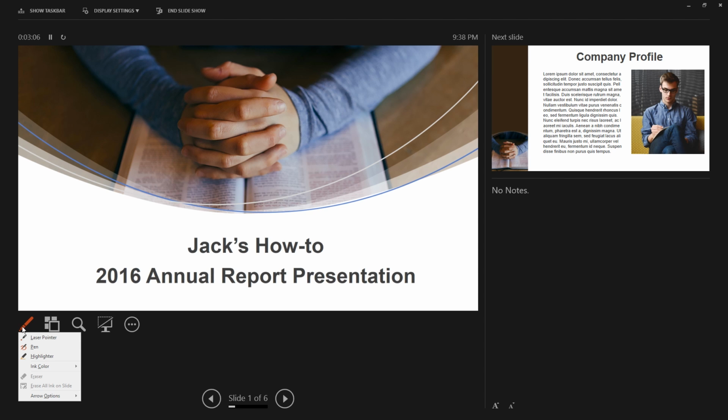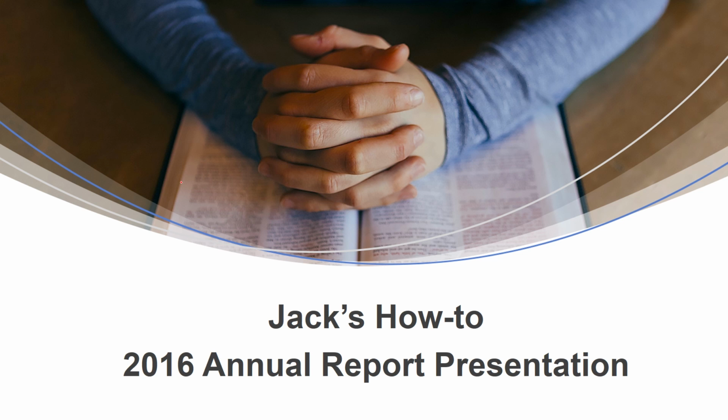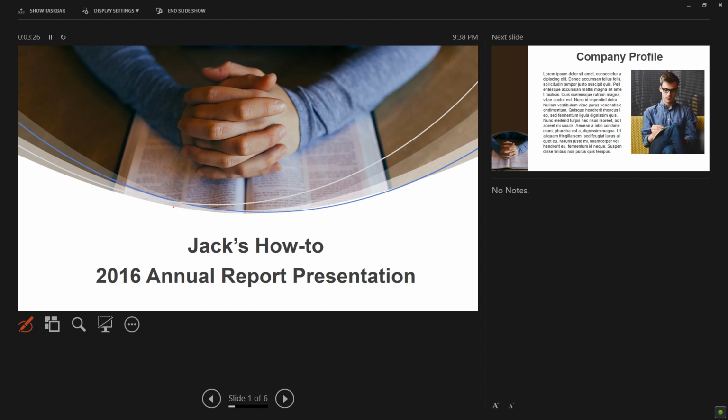This function is basically the laser pointer, pen, and pen tools. The laser pointer is useful in the sense that it will create a laser pointer on your presentation if you select this mode. And the pen is the next function.